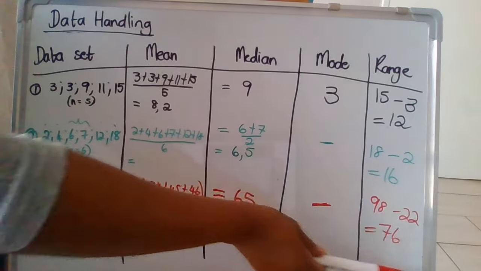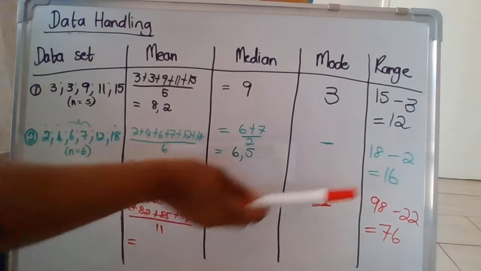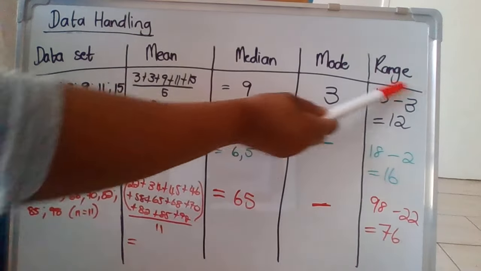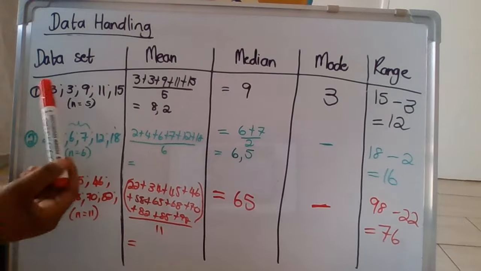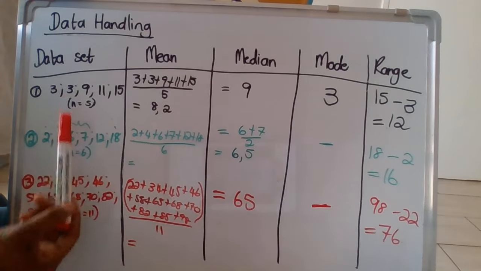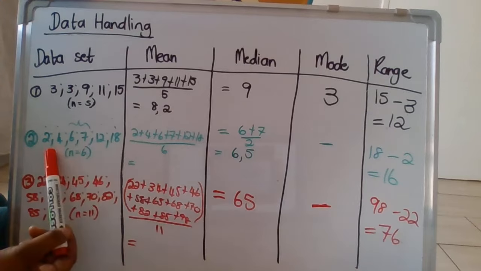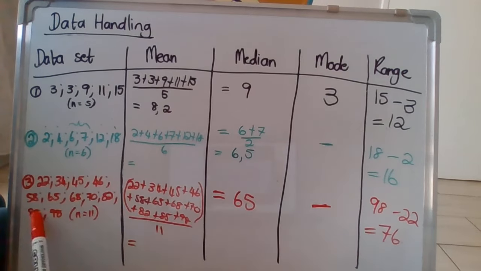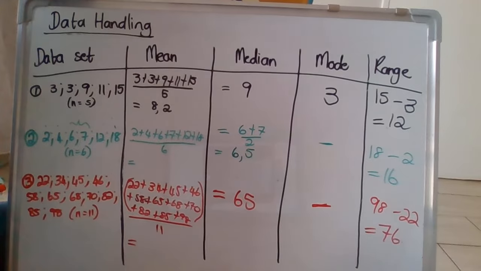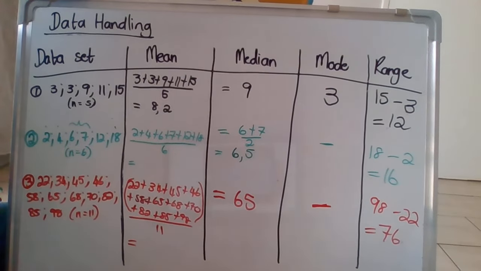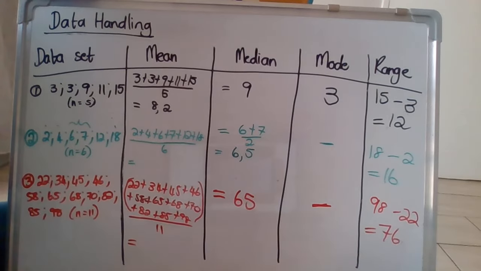There are extreme values here, whereas here it tells you that it's not as scattered, so the values are quite close to each other. You can see here in the black, they're very close to each other, and in the green, but in the red you can see they're not so close, from 22 up to 98. But it doesn't tell you the distribution of the data, which is where the quartiles come in, and that will be in our next video.